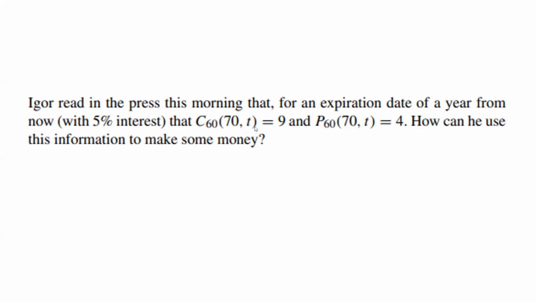Here it's saying, can Iger make money? By the way, when I say make money, I mean make money for sure. So can he make money for sure? It depends on whether the inequality is satisfied. And if the inequality is satisfied, what should he buy and what should he sell? That's what we need to figure out.